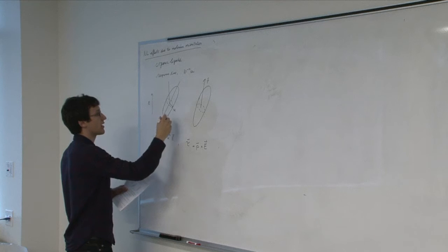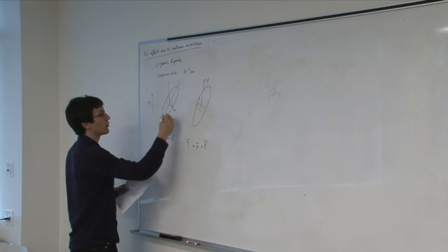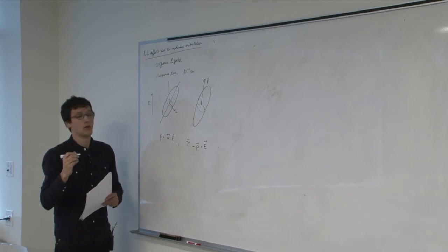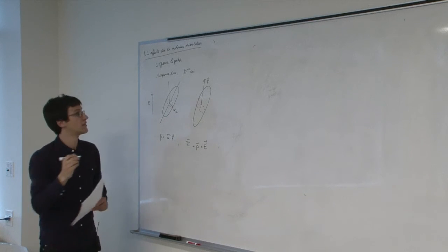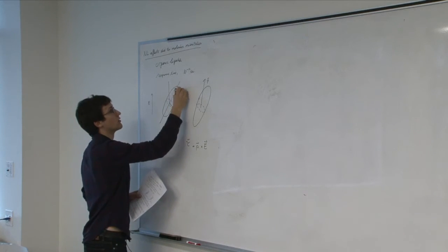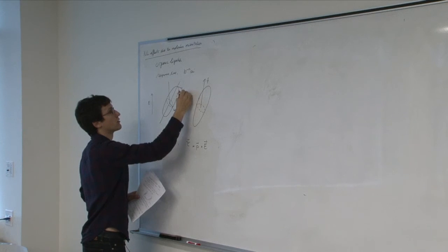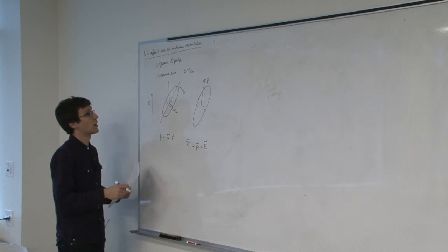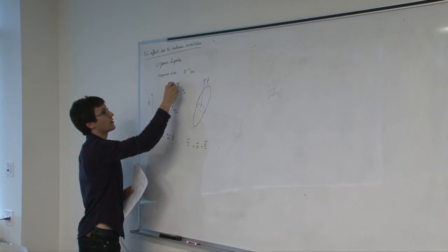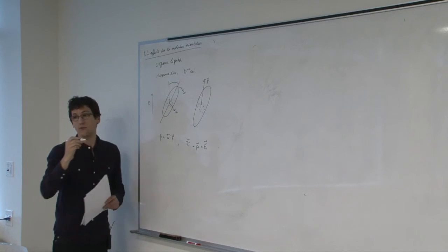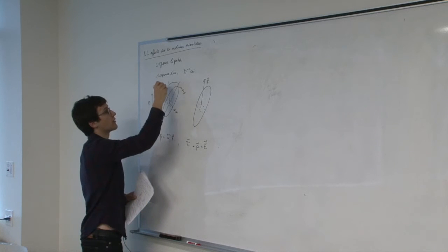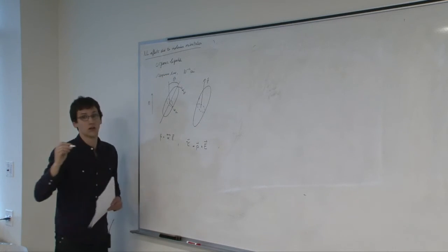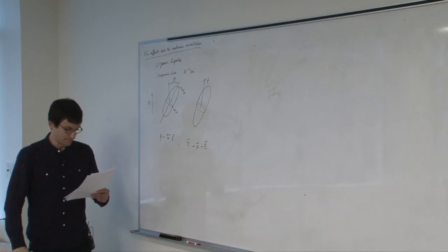But here, in this case, there are two elements in the polarizability. The first one is the one that is perpendicular to the symmetric axis, and the other one will be parallel to the symmetric axis. And from now on, I will define the angle between the symmetric axis and the electric field as theta. Just keep that in mind.